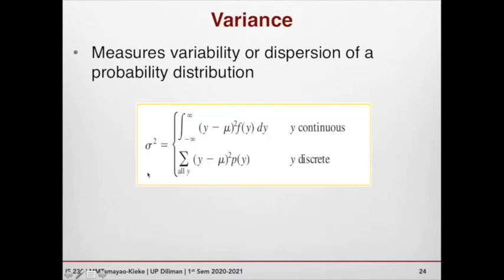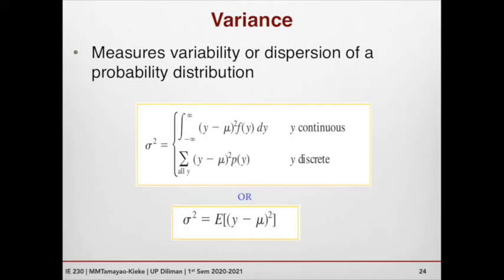Another important concept, the variance, is a measure of the variability or dispersion of a probability distribution. It is usually denoted as sigma squared, and this is obtained mathematically using this formula. As you can see, the mathematical formula implies that the variance represents the average of the squared distance of the observations from the mean.